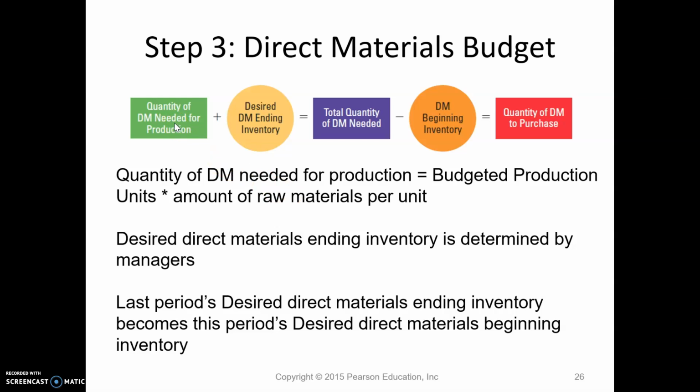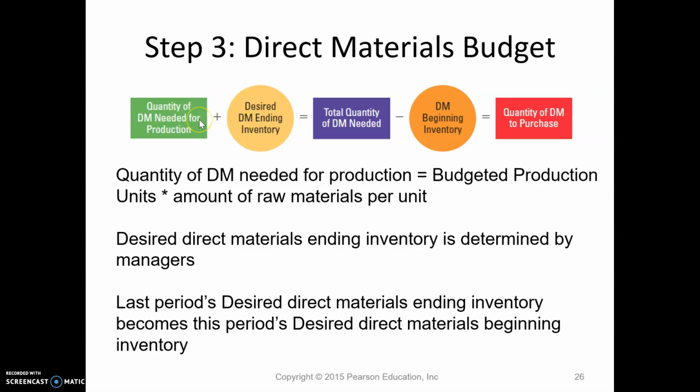So we know what we need for production. We're trying to figure out what we're going to spend to buy direct materials. Okay. So we don't just want to have the quantity we need for production. We want to have some direct materials in our ending inventory, and again, this is going to be a certain percentage of next period's quantity of direct materials needed for production.